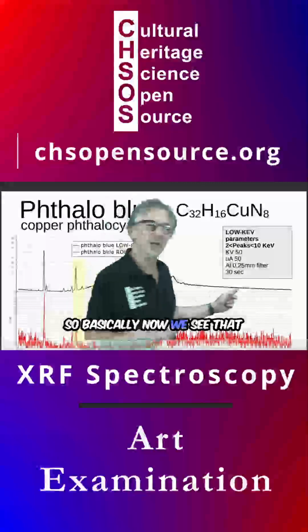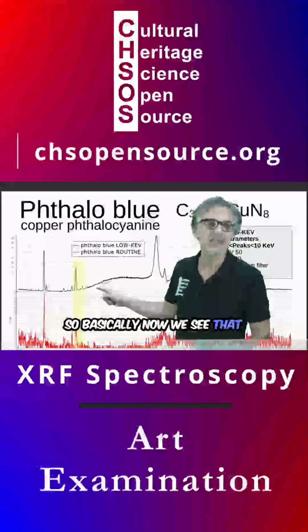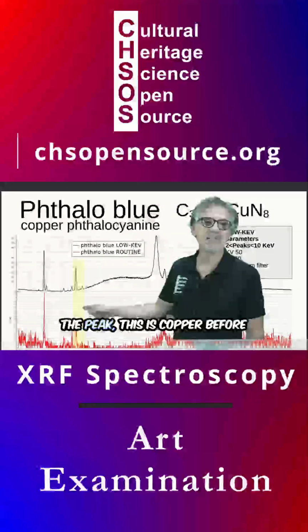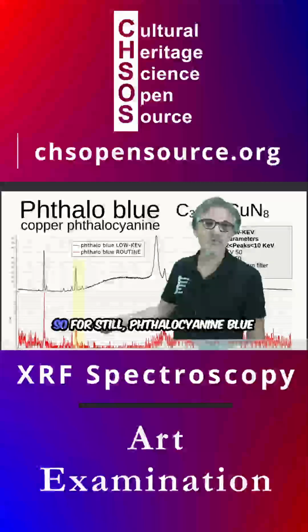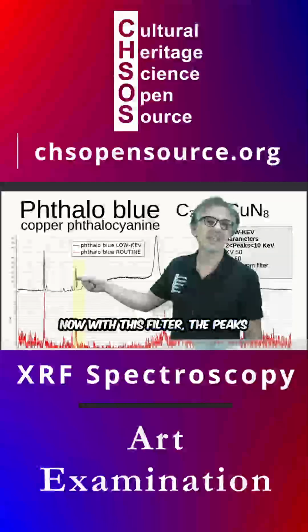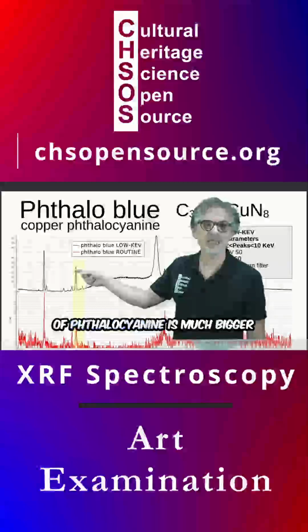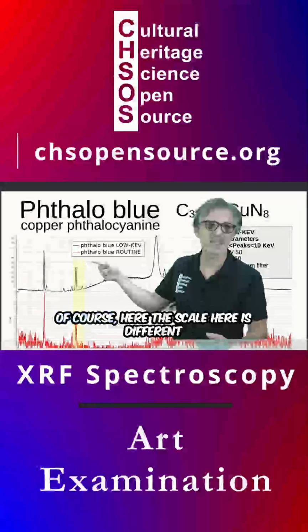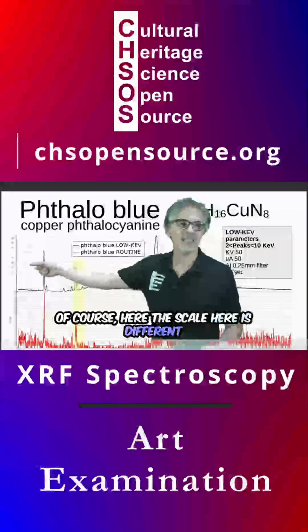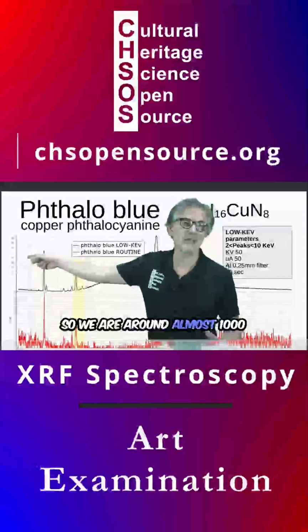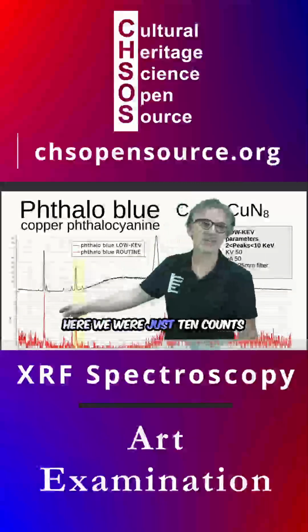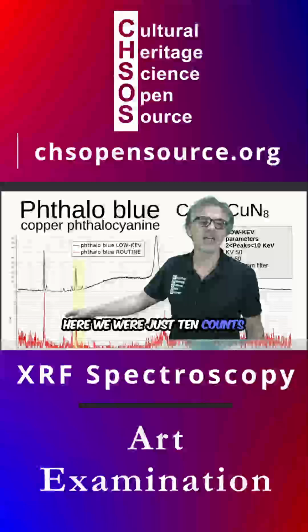Now we see the copper peak, before, for the same phthalocyanine blue. With this filter the peak is much bigger. Of course the scale here is different, we are at almost 1000, while before we had just 10 counts.